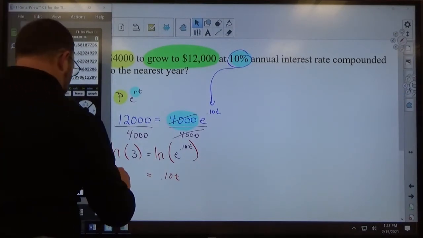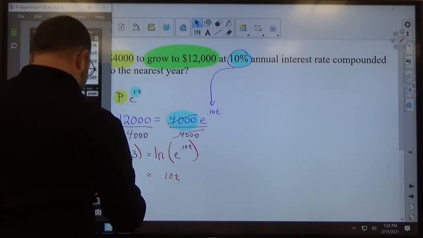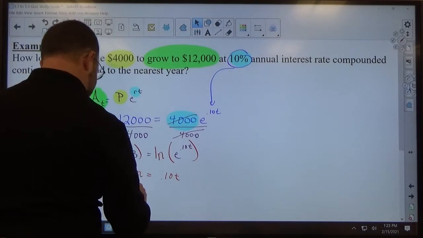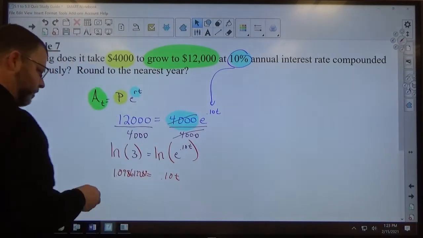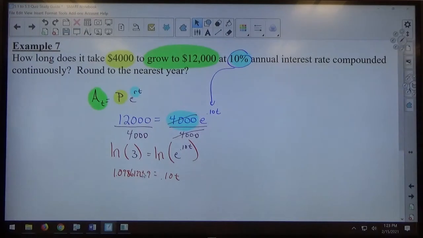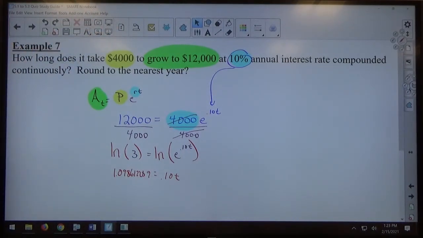I'm going to write them all down. So 1.0986122289. And if 1.0986122289 equals 0.10t, how do I figure out what t equals?